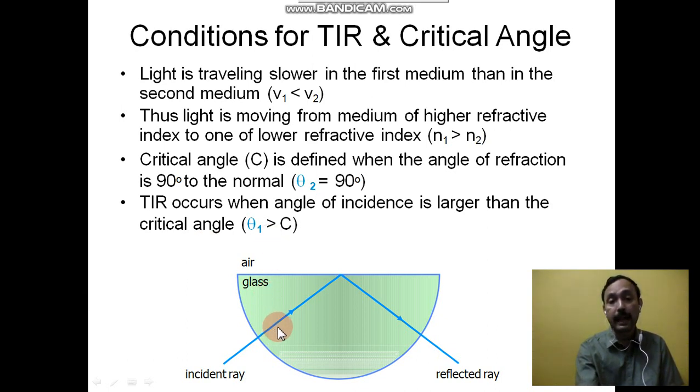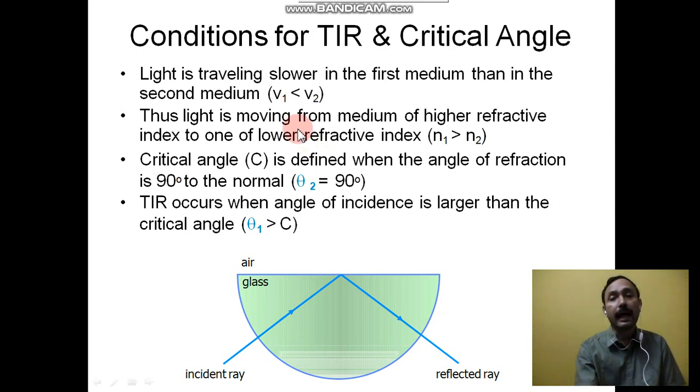As the light is coming from denser to rarer, the denser is the first medium and the rarer is the second medium. So light travels slower in the first medium, the denser medium, than in the second medium, the rarer medium. Here the velocity in glass is V1 and in air it is V2, so V1 is less than V2.